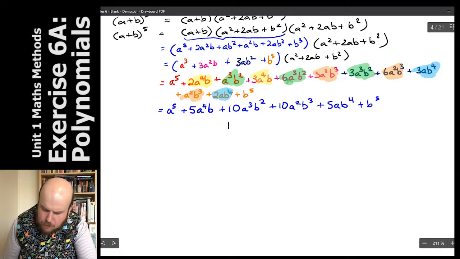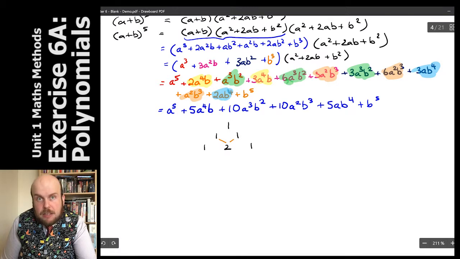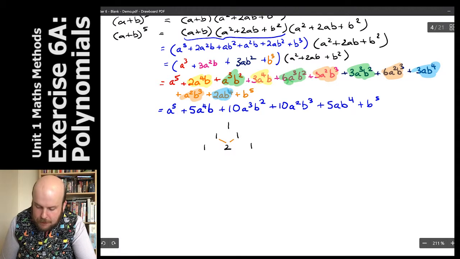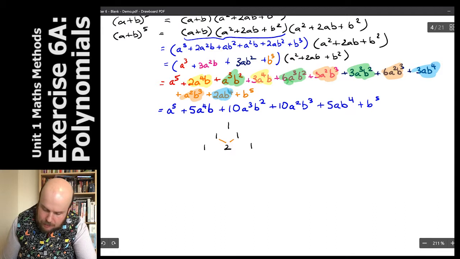So, if I've got a 1, I'll put another 1 and 1 here. And then I'm going to put a 1 here. Now, why Pascal's Triangle works, which you'll see here, is that as I'm making each layer of the triangle, I'm adding the two numbers of the previous row. So 1 plus 1 is 2. Similarly, this will become 1, 3, 3, 1, because 1 plus 2 is 3 and 2 plus 1 is 3. This will become 1, 4, 6, 4, 1.